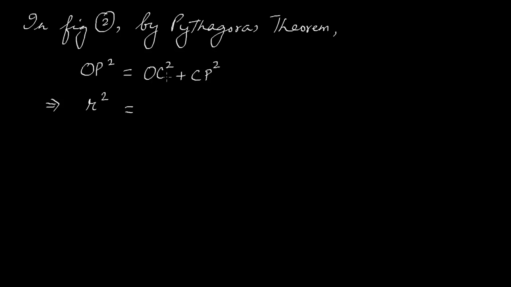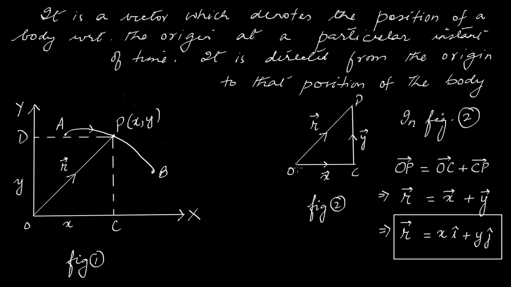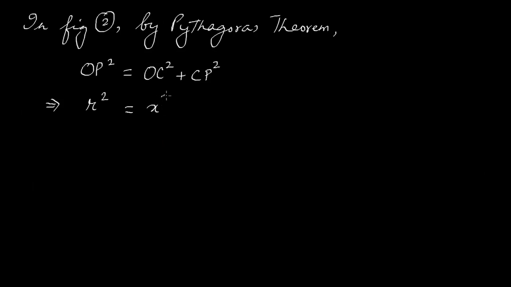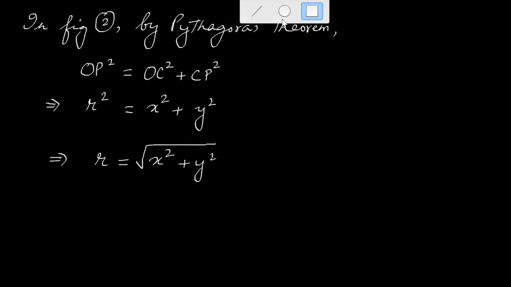And OC here, there is no bar sign, right? Because this is just the length of OC. Okay, so that will be X square plus CP here will be Y square. All right, so R is X square plus Y square under a root.